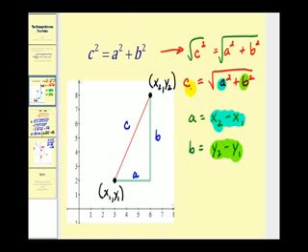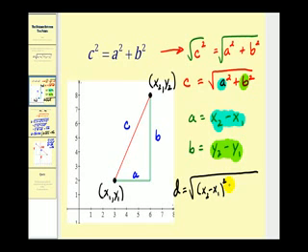So let's go ahead and do it. Instead of c, we'll use d for distance. So now we'll replace a with x2 minus x1 squared plus, now we'll replace b with y2 minus y1. And we have the exact distance formula as we saw on the previous screen.